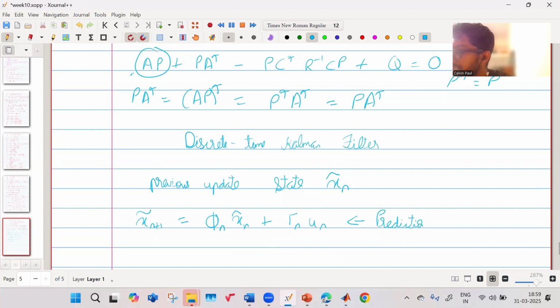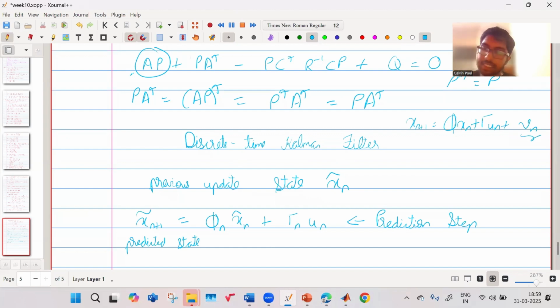This is a prediction step. This x hat n plus 1 is known as the predicted state. So what do we know? We know that our system, let us say, is given by phi xn plus gamma un plus vn.